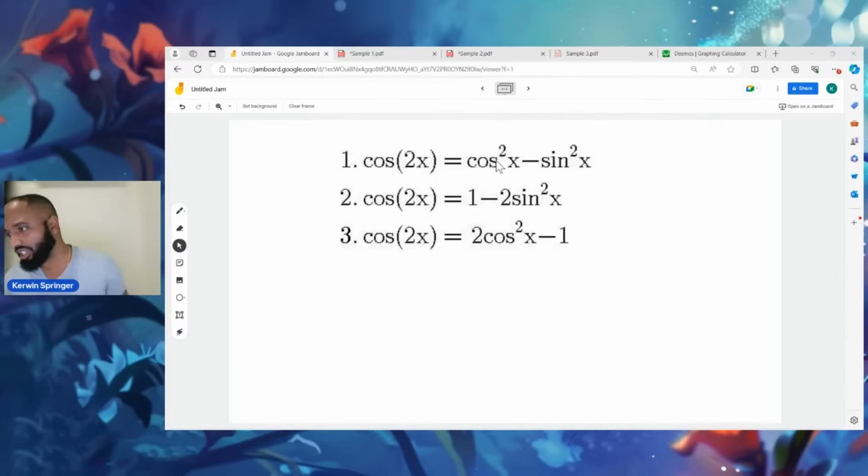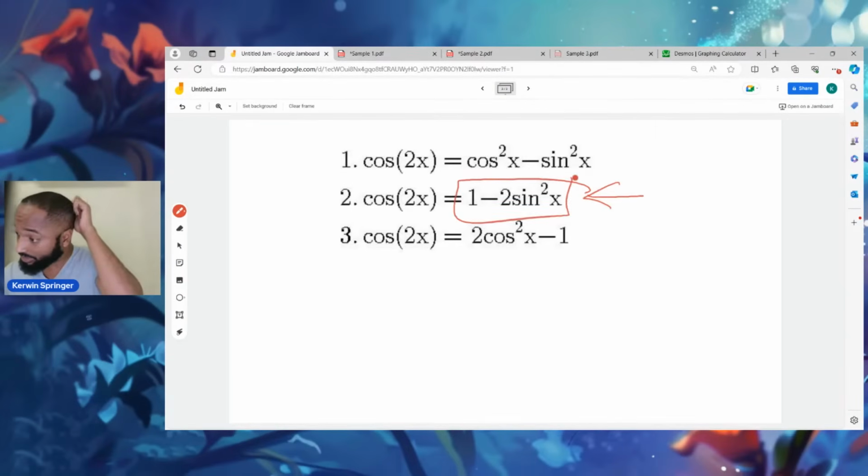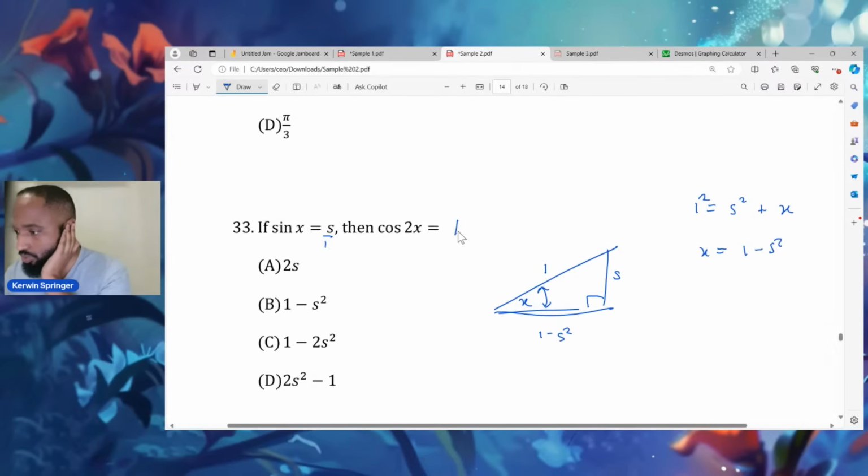So cos 2x is really cos squared x minus sine squared x, or 1 minus 2 sine squared x. My goodness, I could have used the 1 minus 2 sine squared x. I didn't need to go through all that stress. So cos 2x is 1 minus 2 sine squared x.